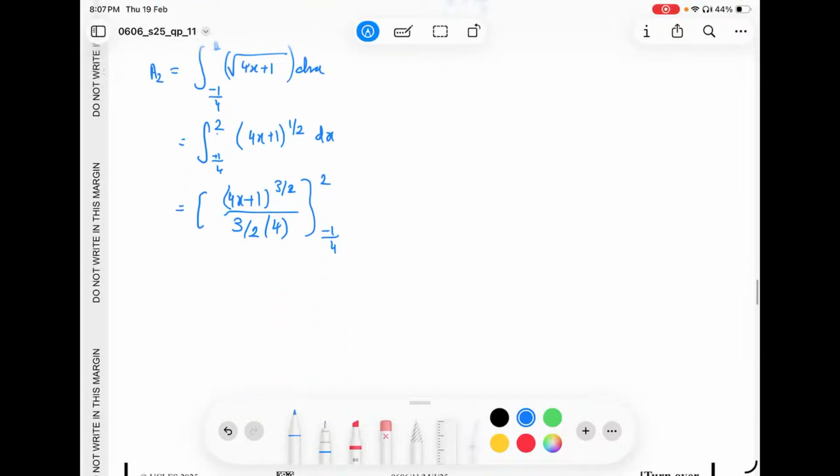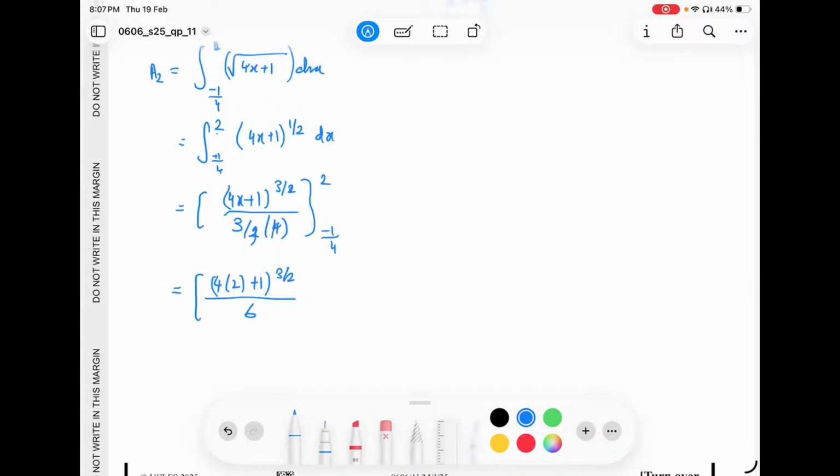Now when you plug in your values, 4 times 2 plus 1, to the power of 3 over 2, over 3. Okay, 3 over 2 will give me 6.